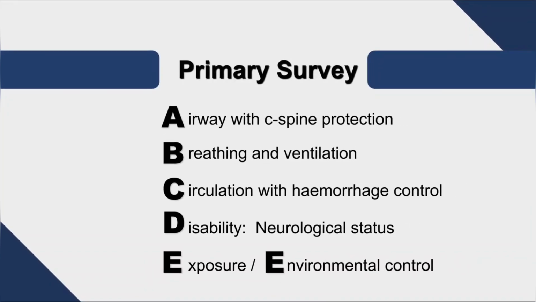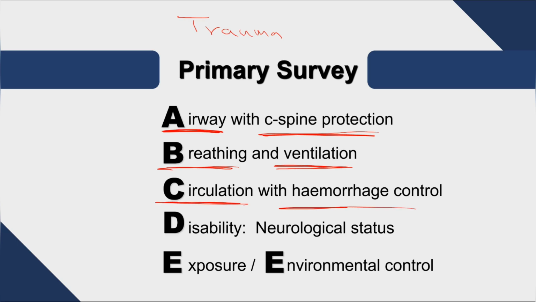So what is the primary survey? Again, we are talking about trauma. The primary survey for trauma is airway plus C-spine protection at the same time. Breathing, plus if the patient is not breathing, you have to ventilate the patient through an ambu bag or assisted ventilation. Circulation plus hemorrhage control.